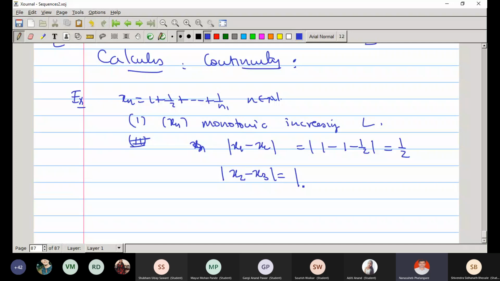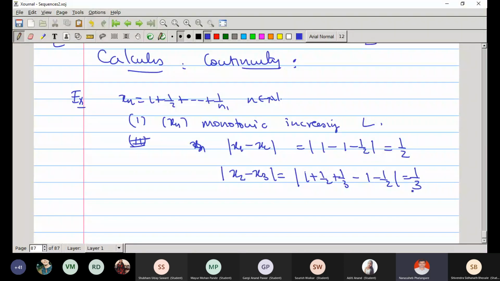It is 1 plus 1 by 2 plus 1 by 3 minus 1 minus 1 by 2. Right, and it is 1 by 3.